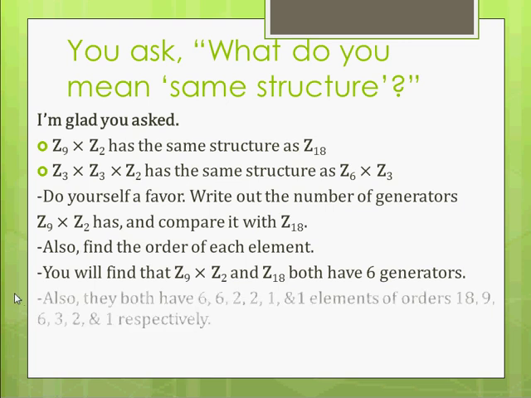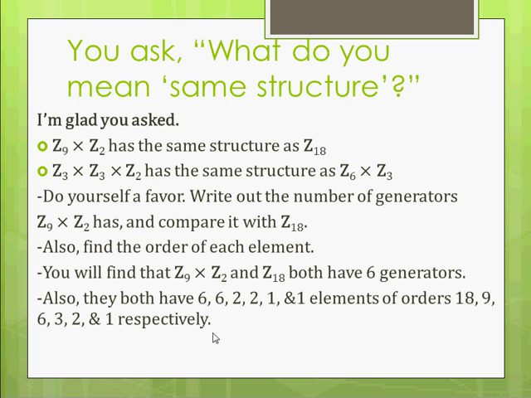and furthermore, they have 6, 6, 2, 2, 1 elements of orders 18, 9, 6, 3, 2, and 1 respectively. What this means is they have 6 elements of order 18, 6 elements of order 9, and so forth. 6 elements of order 18, that means they have 6 generators.